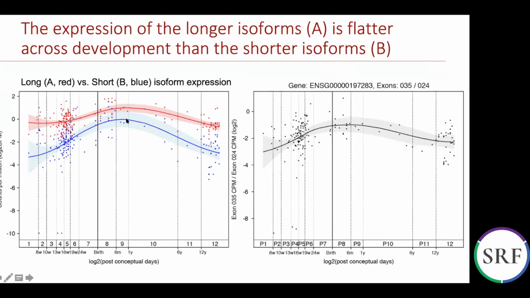And so this then raises the question to me, well, which one of these is important? Now, of course, the thing we know is when diagnoses are made, and that tends to be fairly early on due to seizures or developmental delay. And so it's tempting to look at this short isoform and ask the question, is this the one which is not present enough and leads to symptoms?